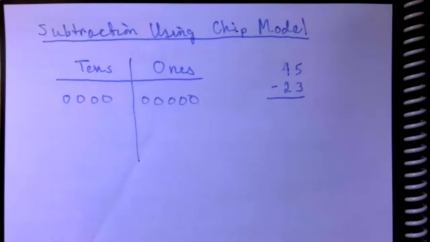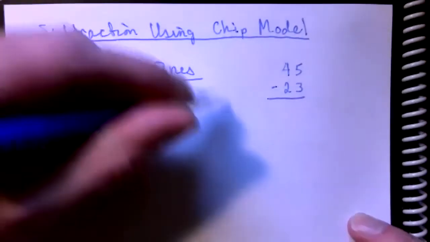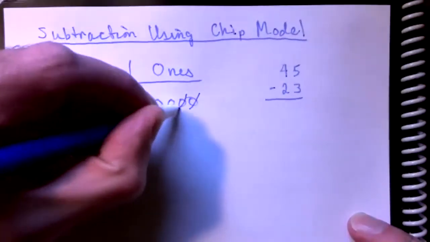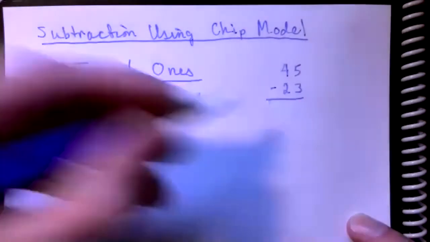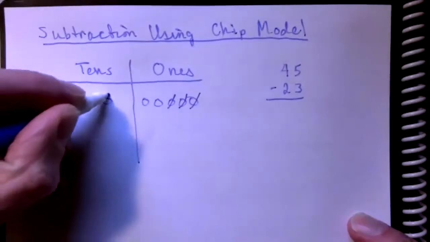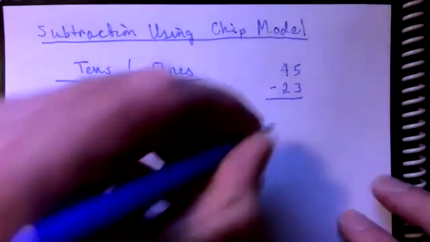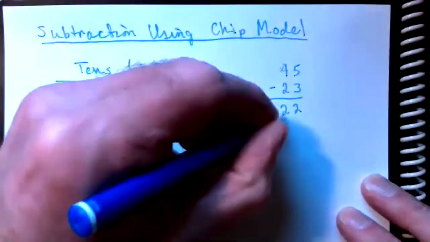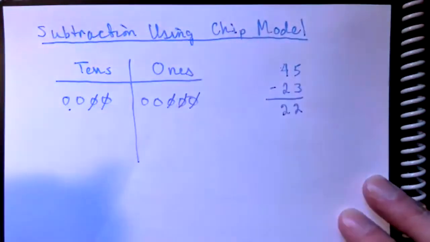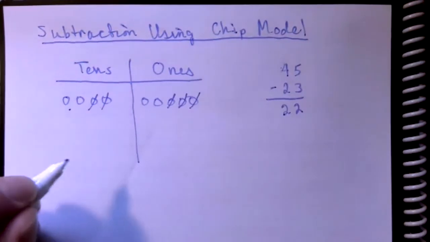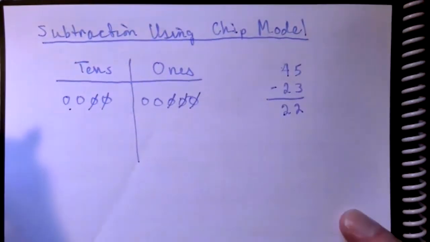Mark them out. Right, cross them off. So we got 5 ones, we want to take away 3. 1, 2, 3. We got 4 tens, we want to take away 2, take those away. And now we can see our answer here. We're left with 2 in each tray. So 2 in the tens tray, 2 in the ones tray, 22. Easy.